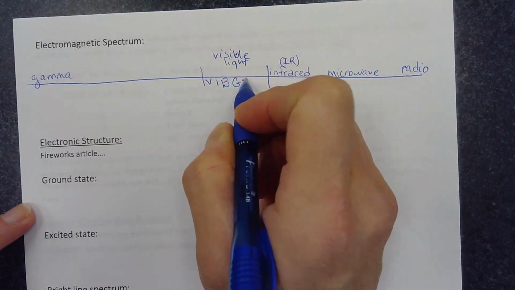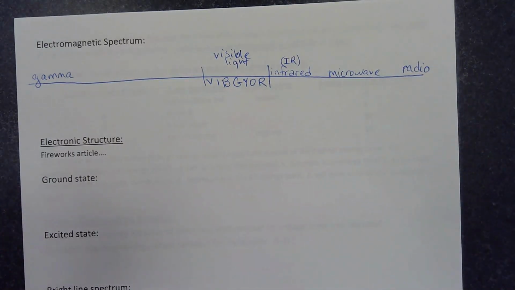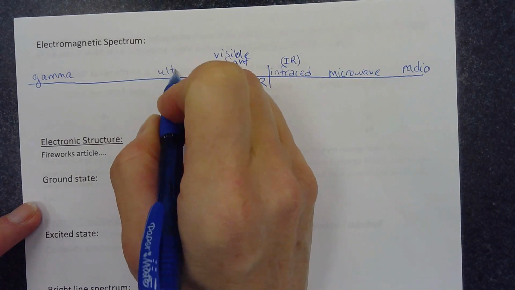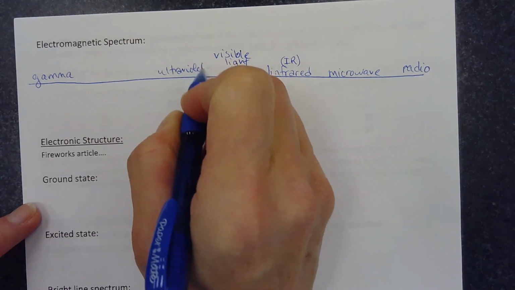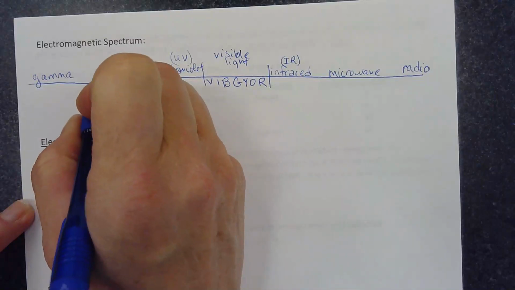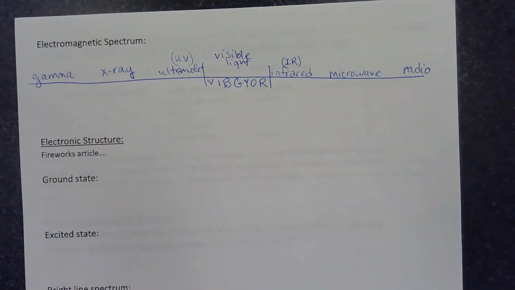It's Viv G Yor. If you heard it as Roy G Biv, the colors of the rainbow, same thing. I'm just doing it in reverse, okay? Then to the left of that, we have ultraviolet, which we call UV. And then to the left of that, we have X-ray. So your spectrum should look something like this.